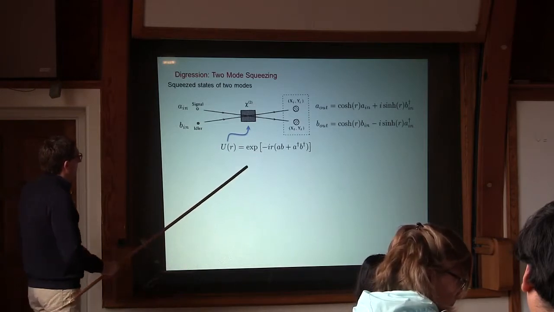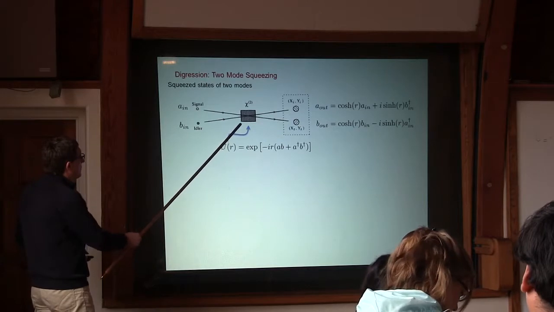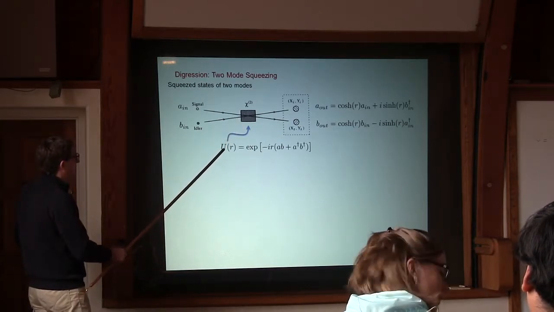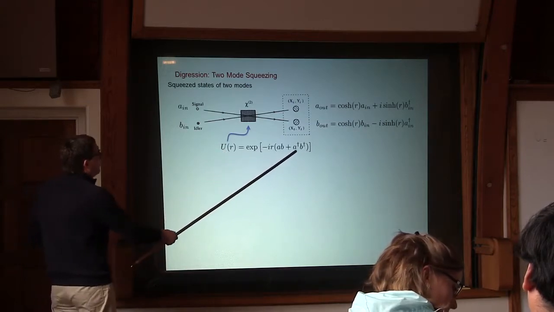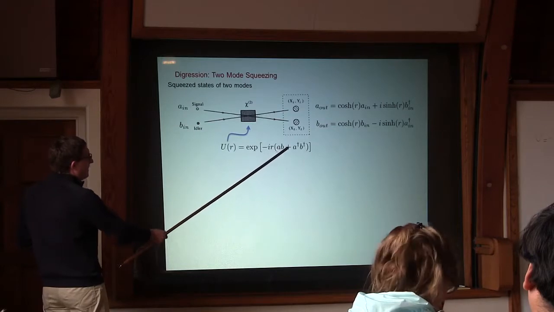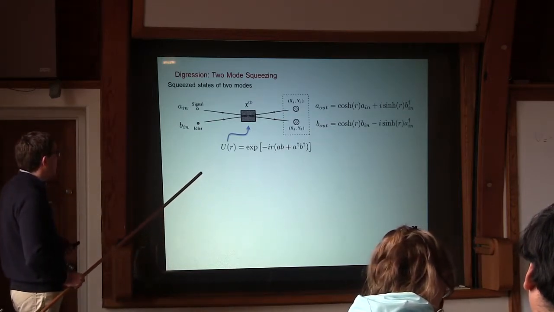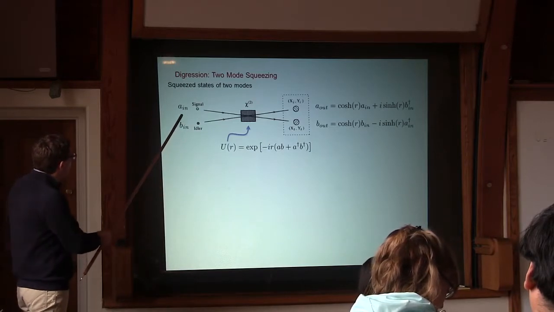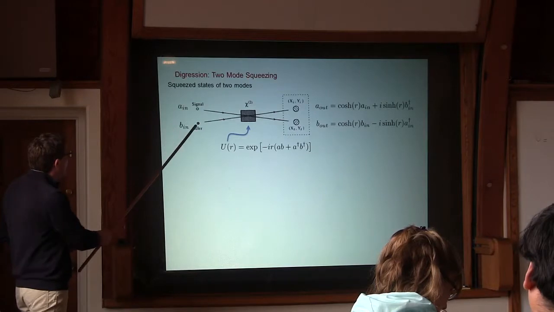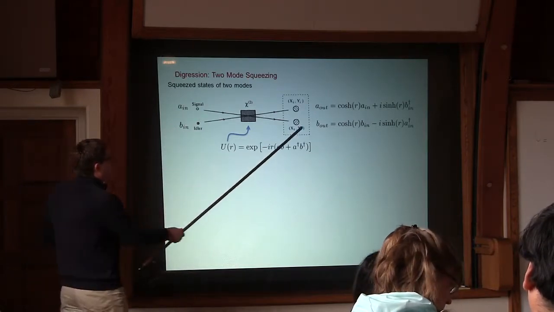So in a, again, very simple-minded picture, you can imagine the nonlinear dynamics going on in such a Chi2 crystal as just a unitary evolution with a Hamiltonian given by exactly these terms AB plus A dagger B dagger. We also have in our optomechanical interaction. And if we, in the Heisenberg picture, transform the amplitude or annihilation operators A and B of these two modes here under that unitary transformation, what comes out is this.